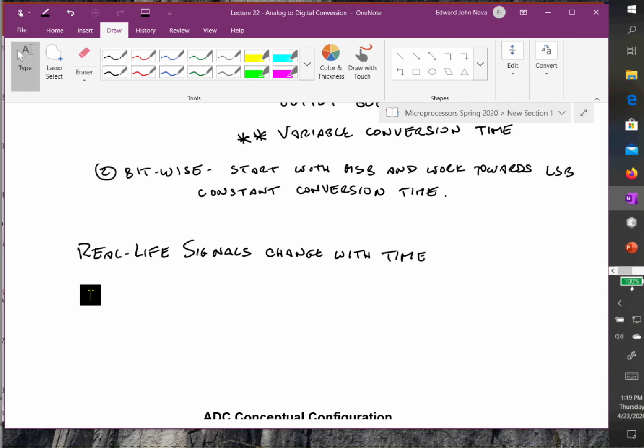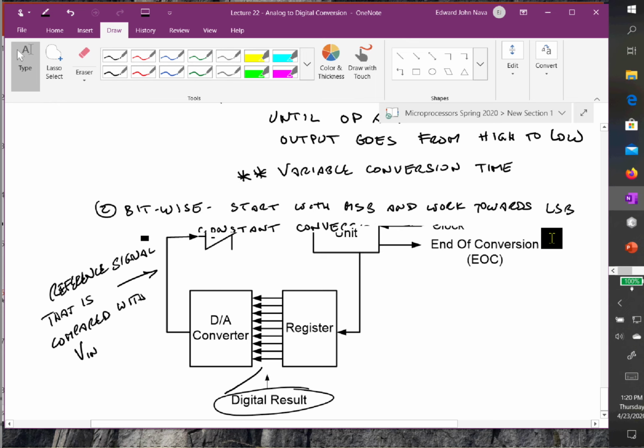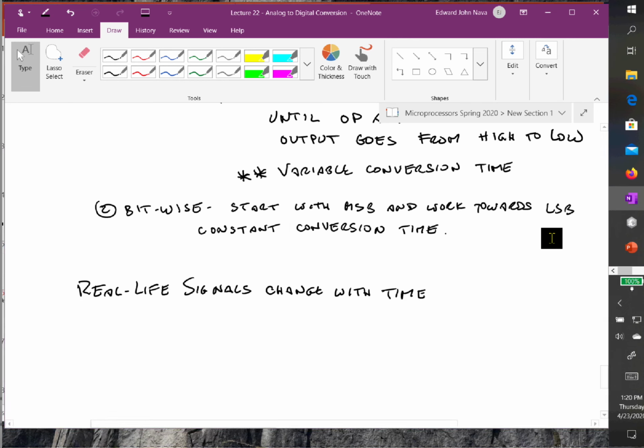What I need is a stable signal, because when I'm doing this conversion process, I would like this value to be steady. I don't want it to be changing while I'm trying to come up with some estimate of its value. So we need a way to keep the value constant during the conversion process.